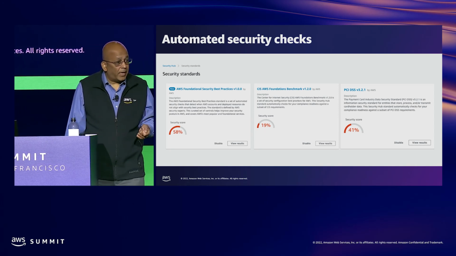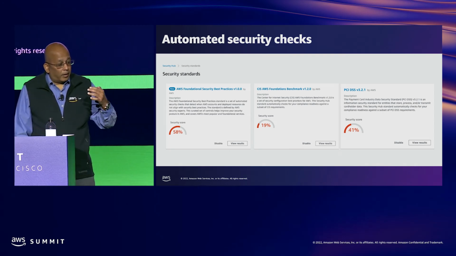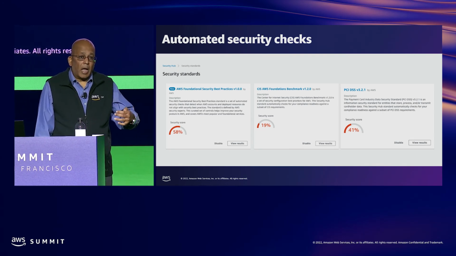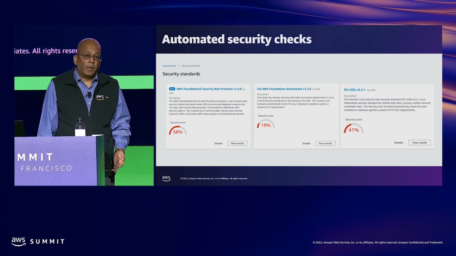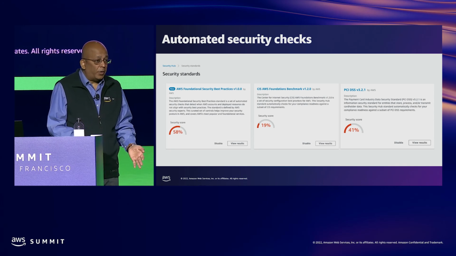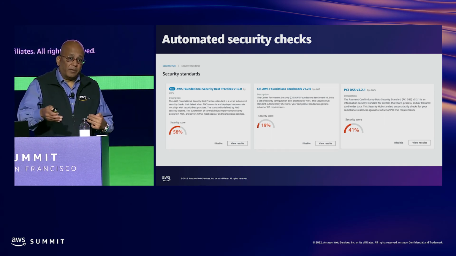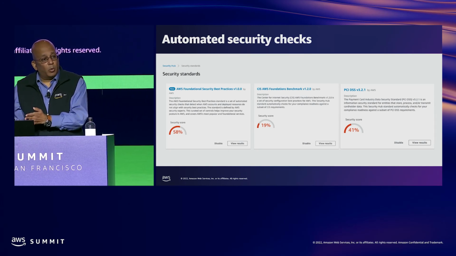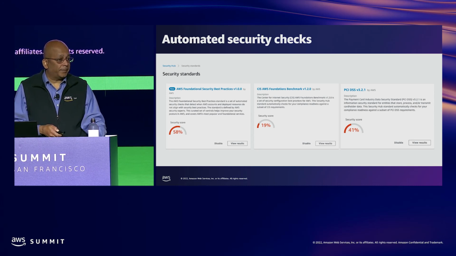There's also the CIS AWS Foundations as well as the PCI, and these are, like you can see on the screen, very easy to enable, and then help you understand your posture because you're going to get a security score. By looking at the security score, you can tell for all those compliance checks that are part of the standard, how well you are doing compared to what has been recommended as a best practice from a compliance standard.